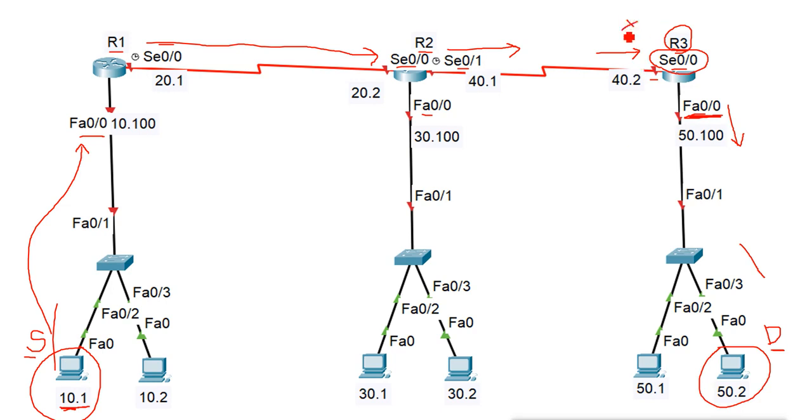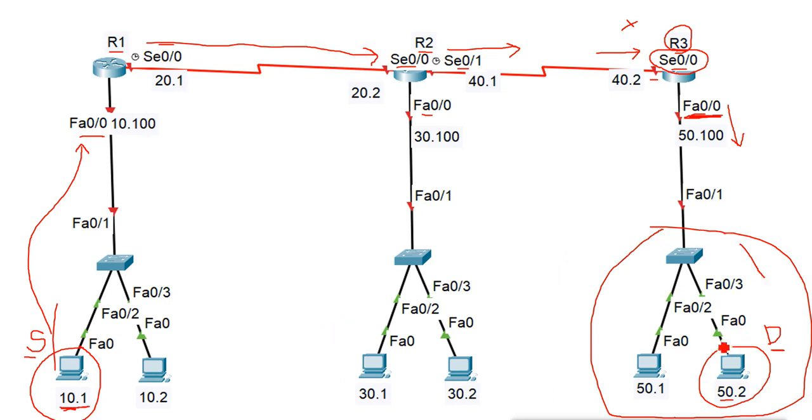That means it cannot go here and it cannot access this 50.2. But not only this machine, it cannot access the whole network here. It cannot access any of the machines here. So for this 10.1, the whole network will be blocked.